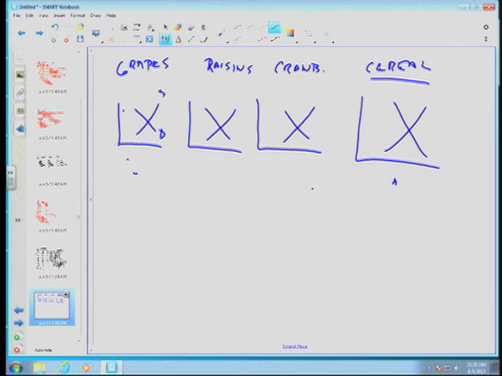Demand will shift up. Exactly right. This good becomes more popular. At every possible price we want more. Demand curve shifts out. We get an increase in demand. What will happen to the price of grapes? Okay, price of grapes will go up. All right, so far. So that increase in popularity causes an increase in demand, which causes the price of grapes to rise.